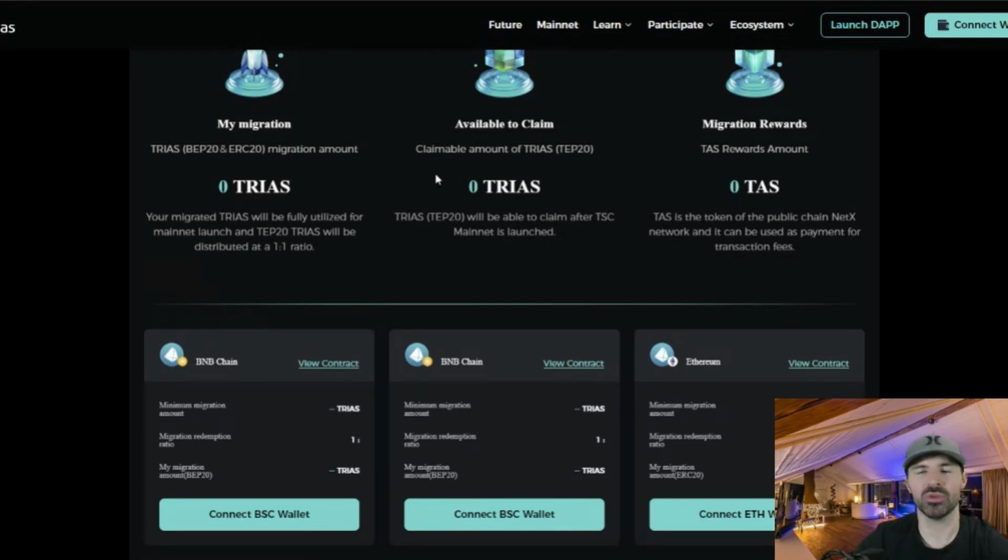They are coming up with a bridge, which they're supposed to be rolling out at the end of the month. Once you have migrated, you will eventually be able to swap your tokens to Polygon, and then Polygon will be tradable on certain exchanges.